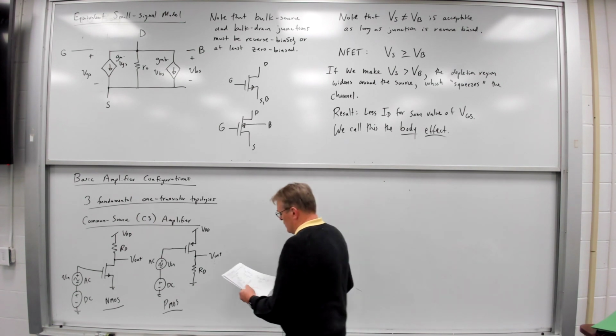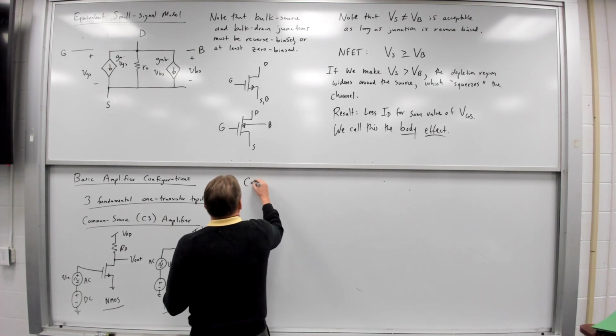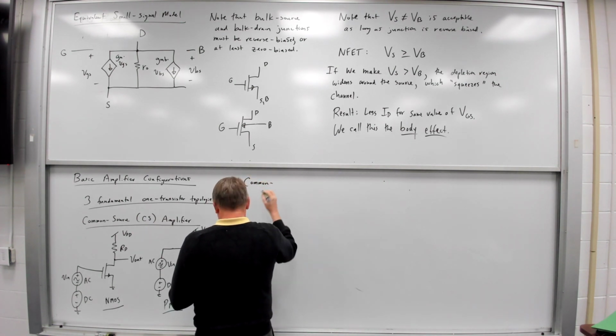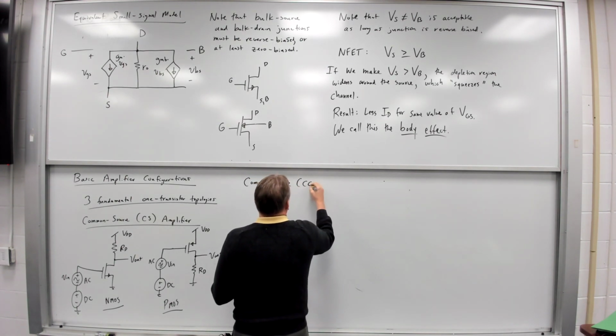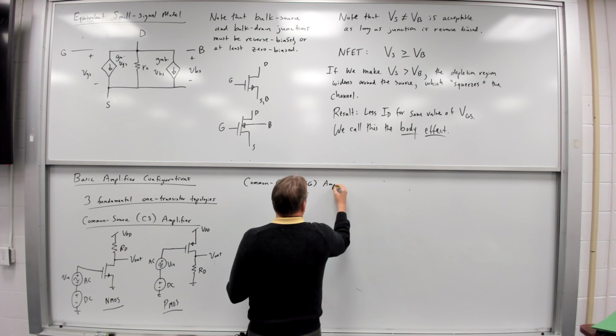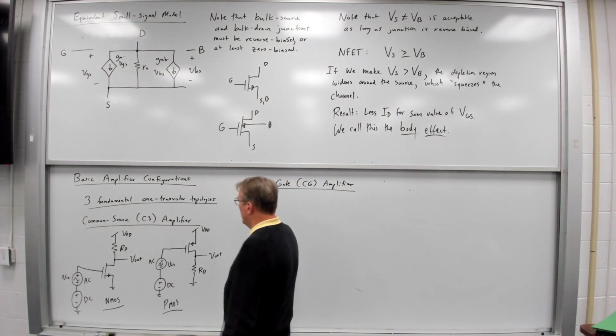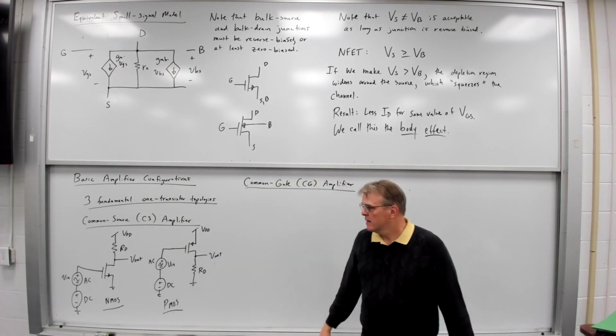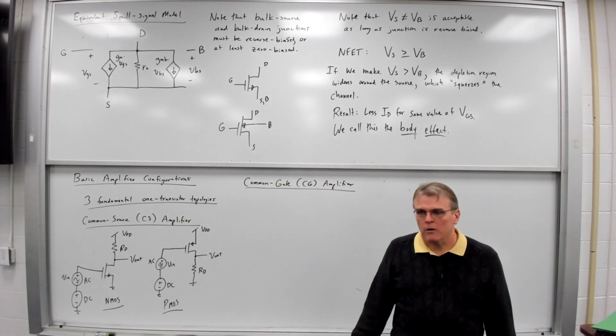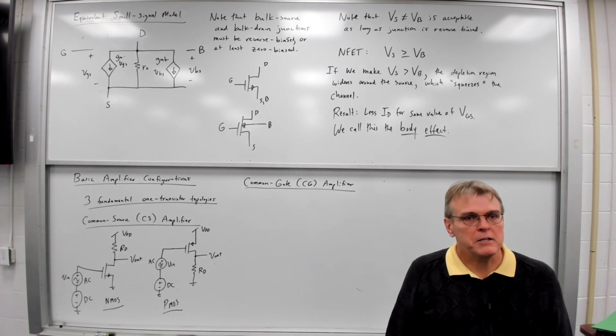The second topology is the common gate amplifier. The difference between these two circuits and the circuits I'm about to draw is where you insert the AC input voltage.